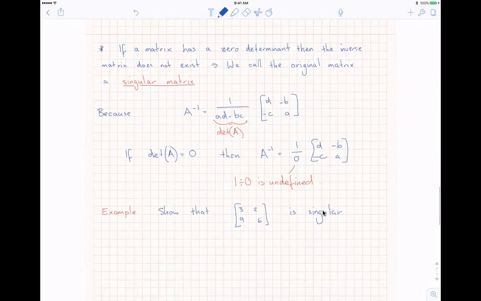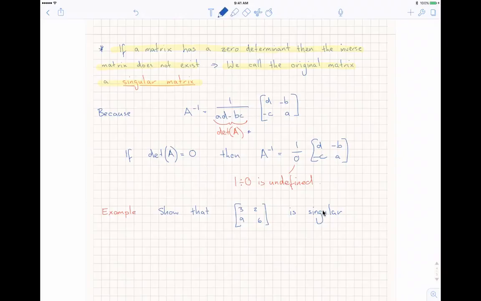There's just a little bit to add. If a matrix has a 0 determinant, then the inverse matrix does not exist. We call the original matrix, in that case, a singular matrix. If we think about it, we know our rule for the inverse looks like this, and the value underneath the 1 here is the determinant.